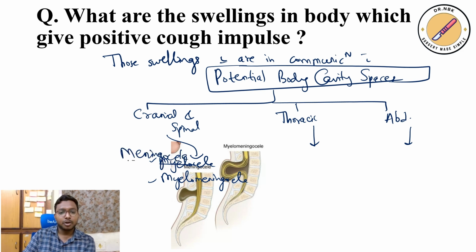Myelo is nothing but your spinal cord. Meningocele means only the meninges are getting herniated. Myelomeningocele means along with the meninges, part of the spinal cord is also getting herniated. In the brain, you can remember encephalocele.